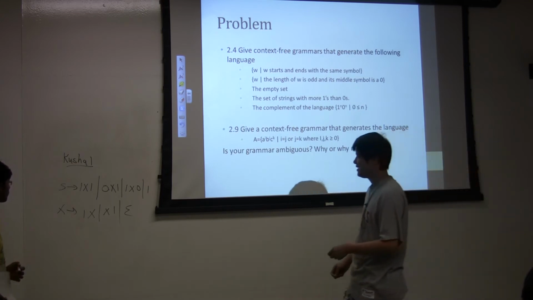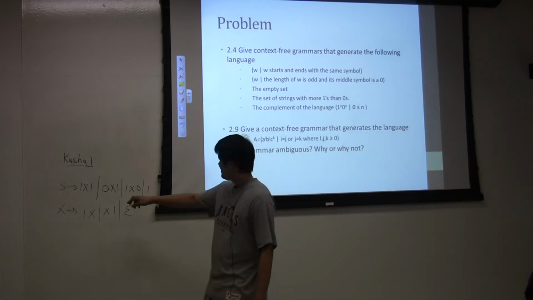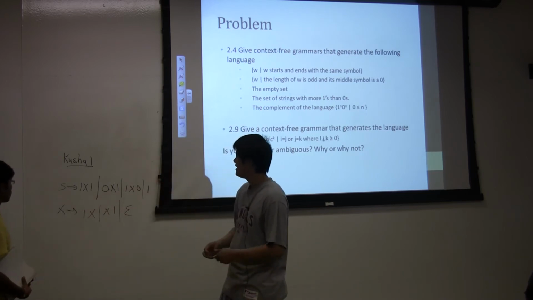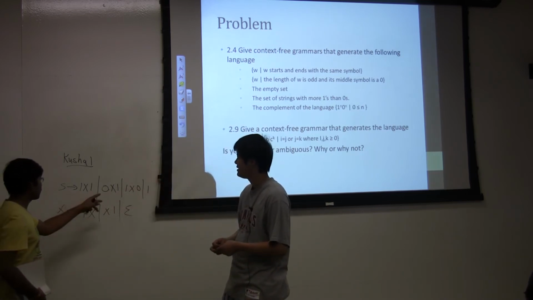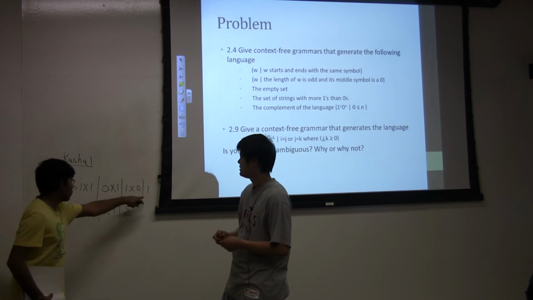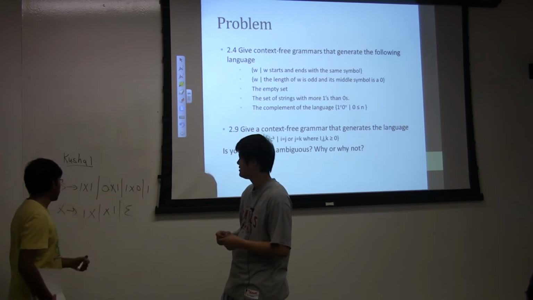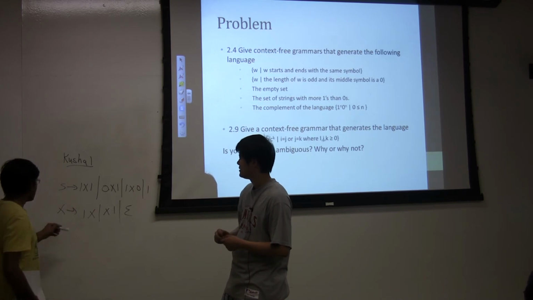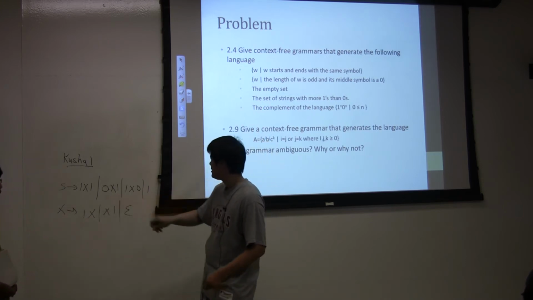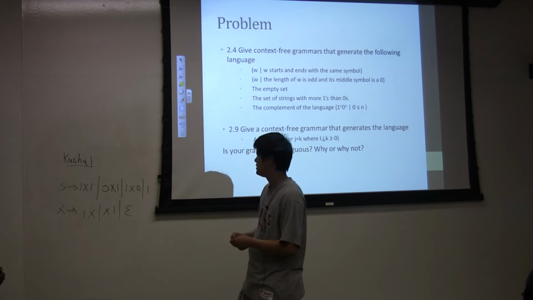So basically, what's the meaning of X? X generates only ones. So either you can have a 0 and a 1, or a 1 and a 0, or both ones. You can also have a 1, which is also a valid string in the language. And then you can expand X as 1X or X1 or an empty string. So here, every time, you make sure you have more ones than zeros.